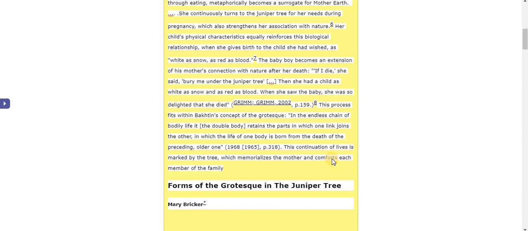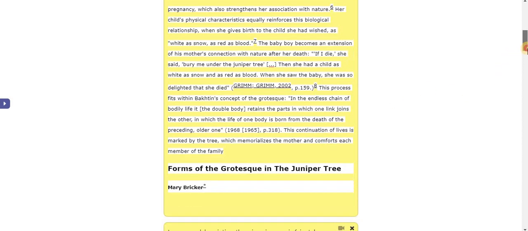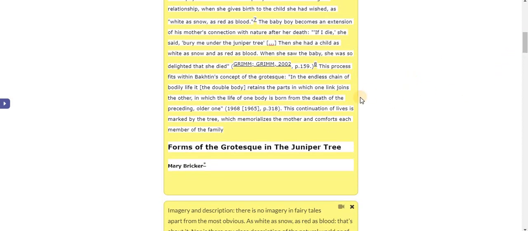Later on we will find out that the tree in fact gives solace to all the members of the family, especially the boy born out of the marriage between the rich man and the pious woman. It gives comfort to the father, again the rich man, and to the child born out of the rich man's second marriage.